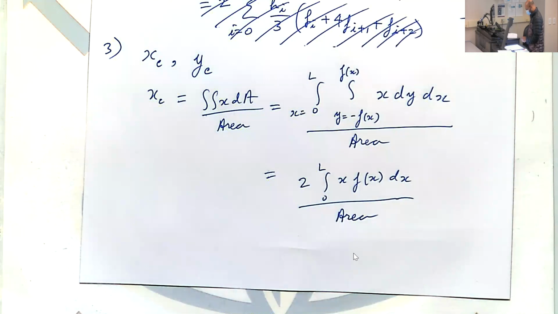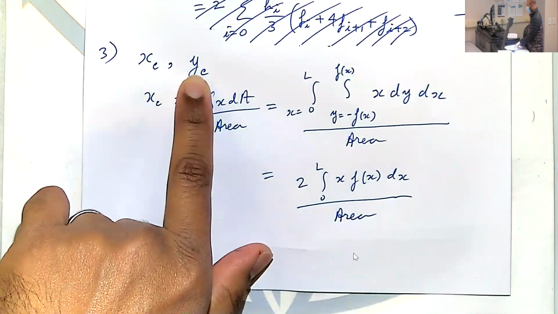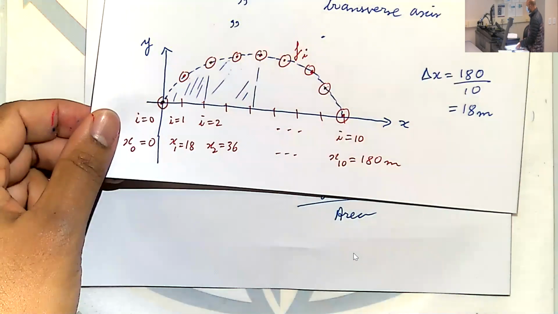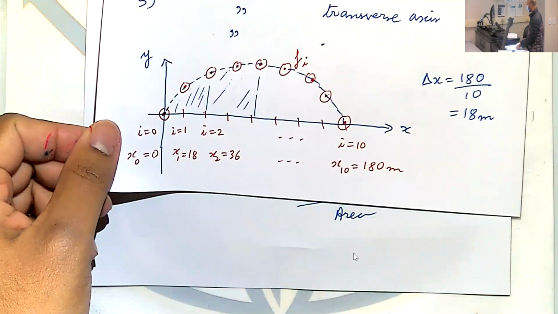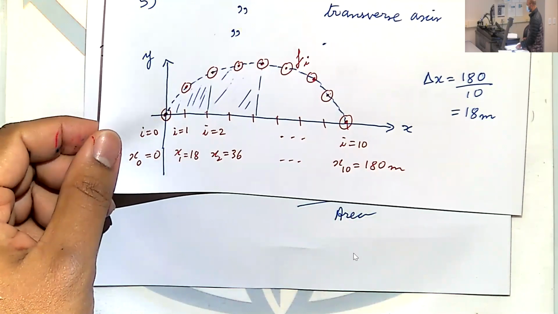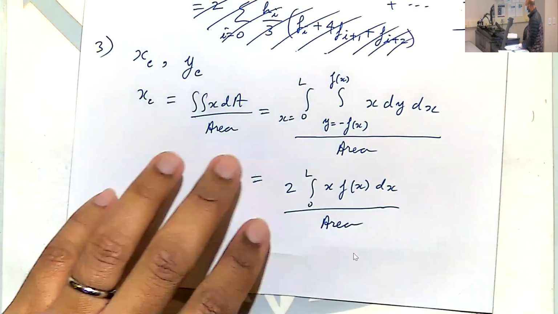Y centroid. What will be YC? YC will be 0, right? It will be along this line, which is y equals 0. Can you see that from the integral?